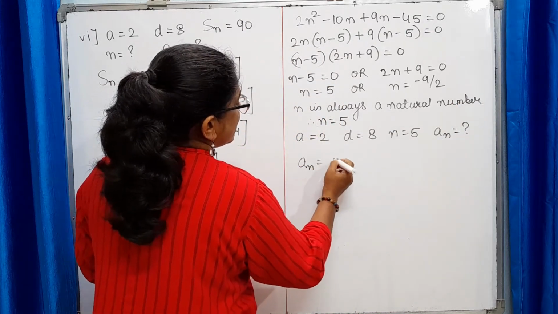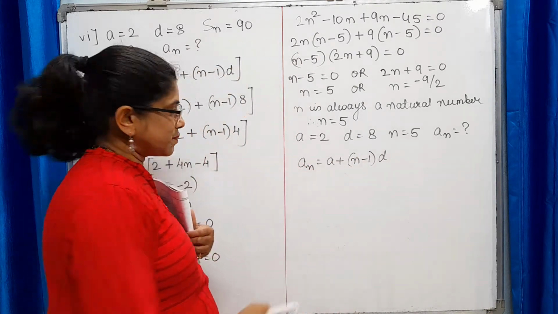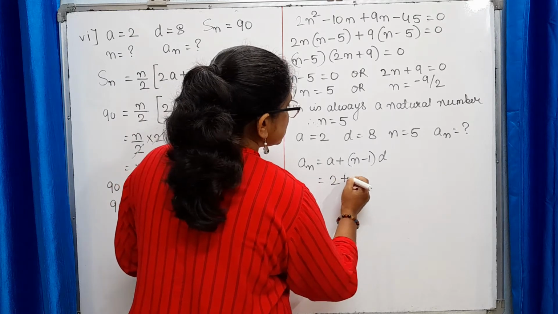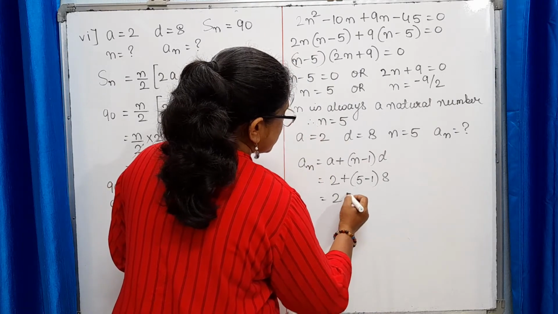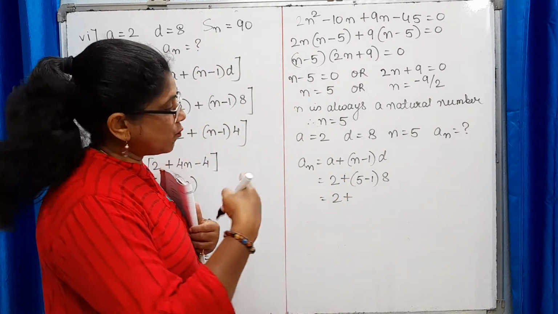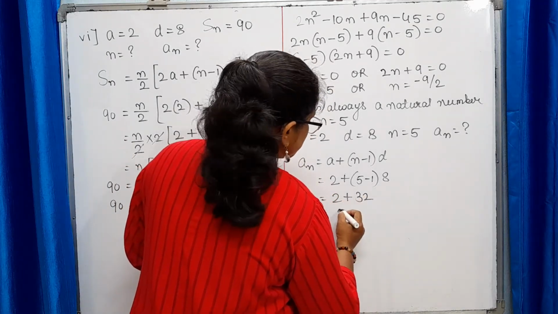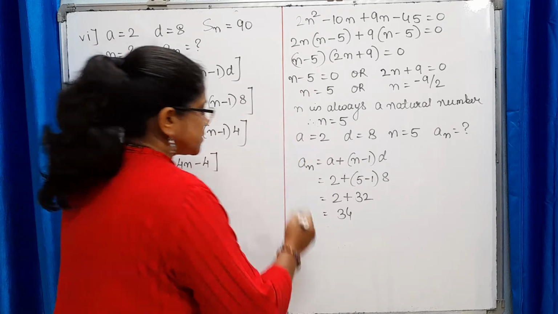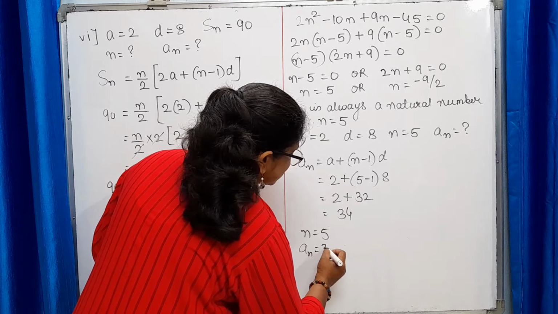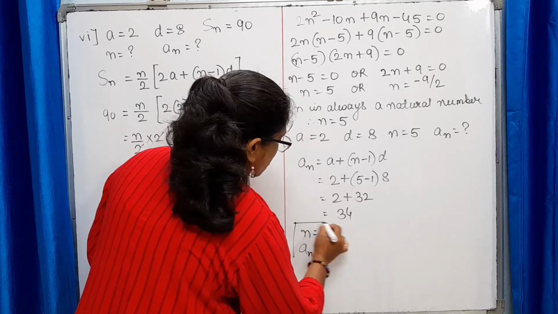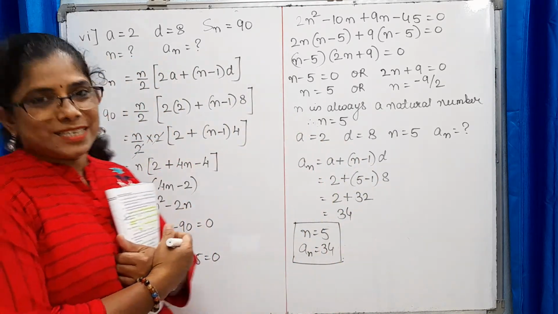Our formula: an is a plus n minus 1 into d. 2 plus 5 minus 1 into 8. 5 minus 1 is 4, 4 into 8 is 32. 2 plus 32 is 34. So here n is equal to 5 and an is equal to 34. So here we complete our 6th sum.